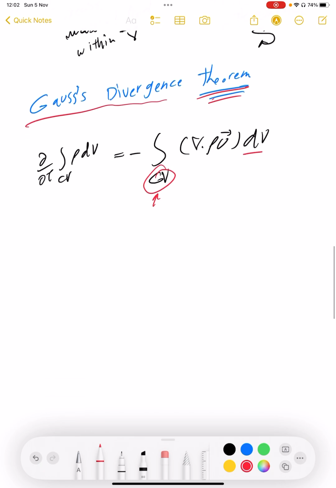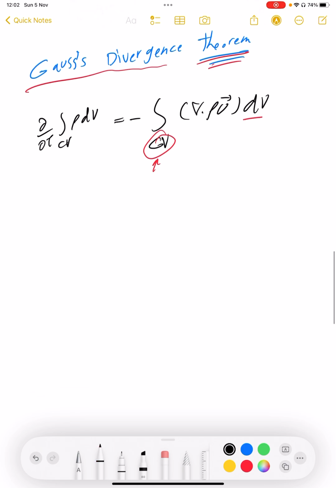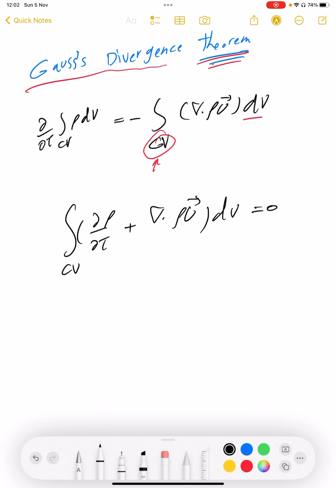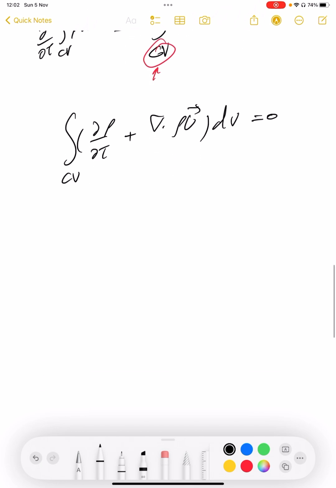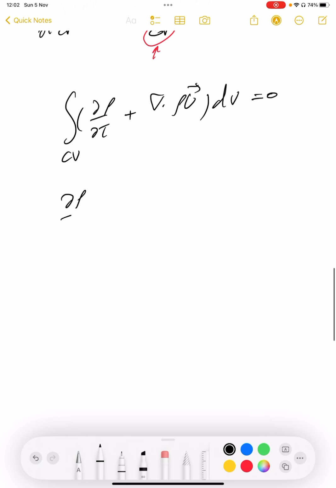And if you do that, you can bring everything inside one integral, right? So you have a big integral over the control volume, showing you the variation of density in time, plus the divergence of flux, which is rho u. If you integrate it inside your control volume, that would be equal to 0. This is an arbitrary control volume, so I can just say that the variation of density in time plus the divergence of flux is equal to 0.